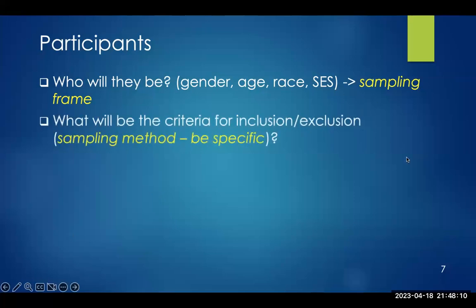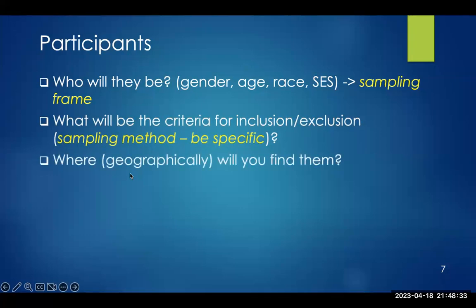Also with your participants, you're going to think about what would be the criteria for inclusion or exclusion. So maybe we're focusing on adolescents, but we're only going to focus on adolescents who are attending public school or something like that. So you would describe the criteria that you're going to be using.